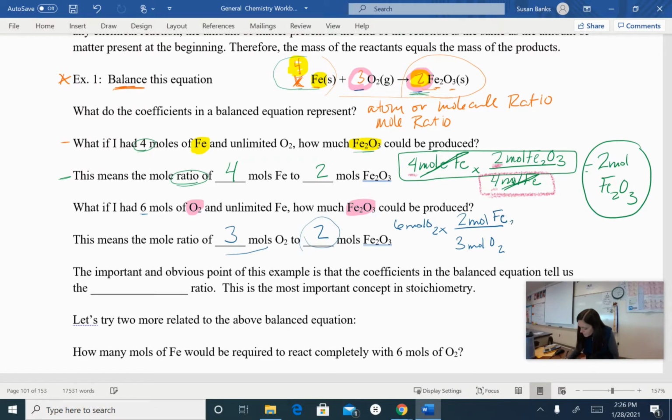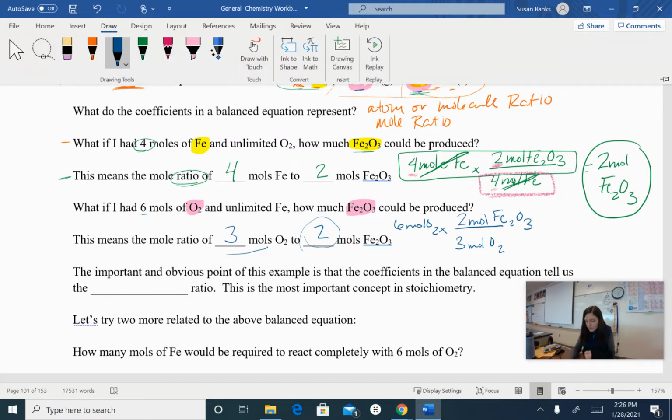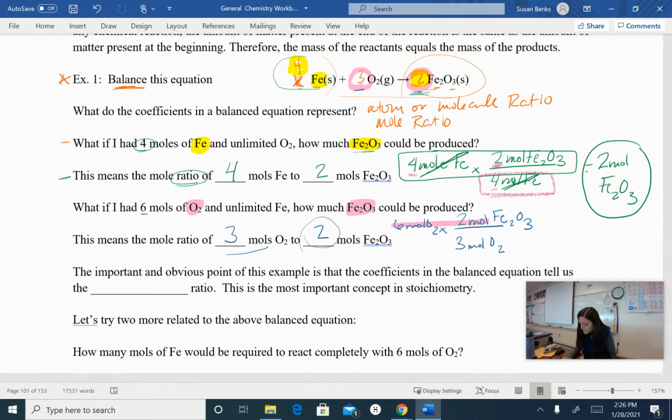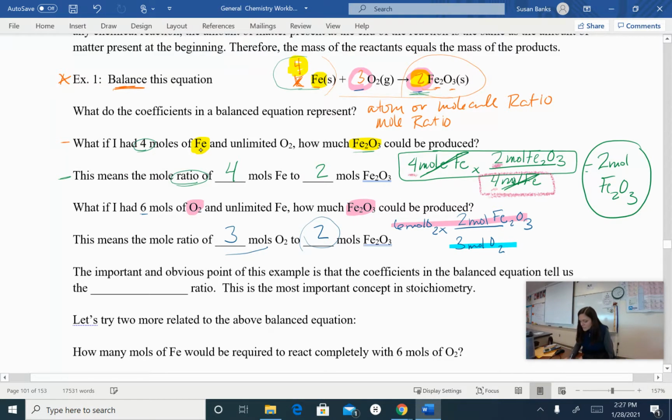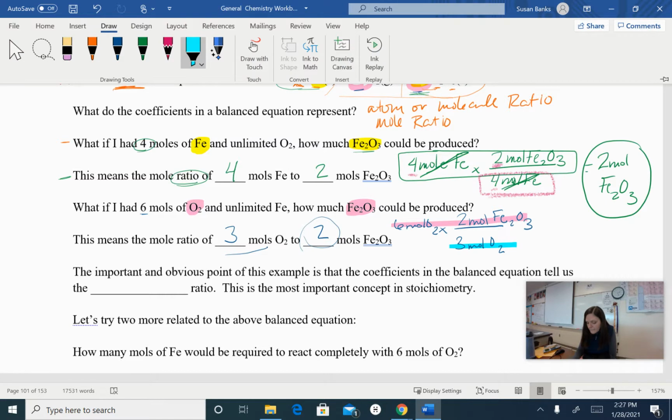of iron 3 oxide. Okay, once again, everything that is on the top is going to be a multiplier, and everything on the bottom is going to be a divider. So we're going to take 6 times 2, which will give us 12, divided by 3. 12 divided by 3, what is that?